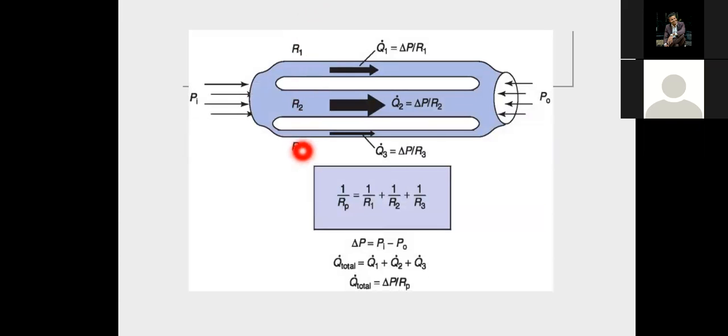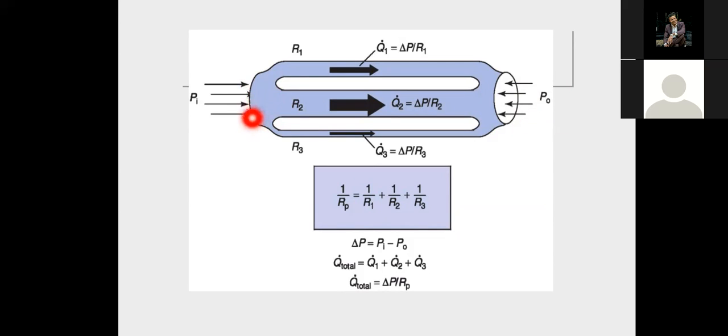And here is the starting point, and this is Pi or P1, and this is P0. So the difference of pressure between Pi or P1 and P0 is the delta pressure that we need to calculate the total flow, and the total resistance to be calculated.